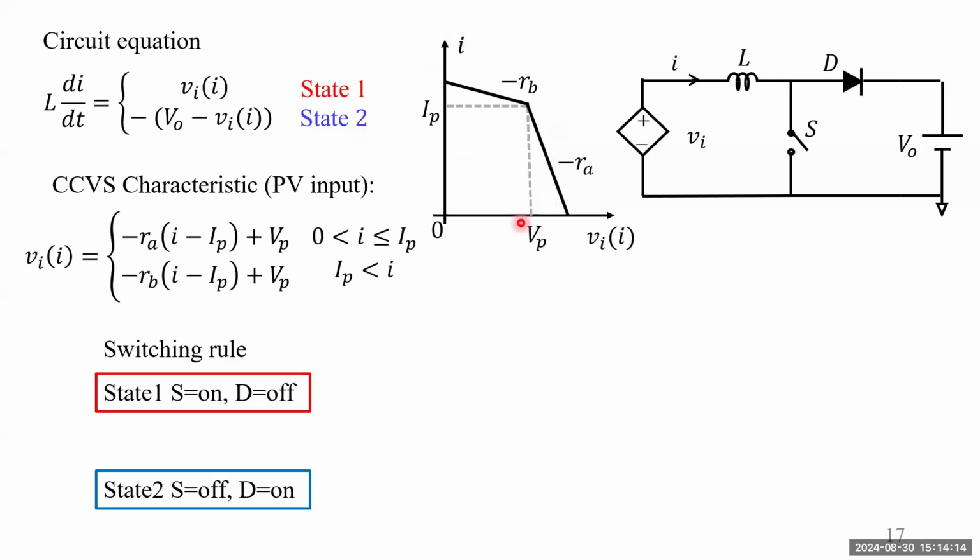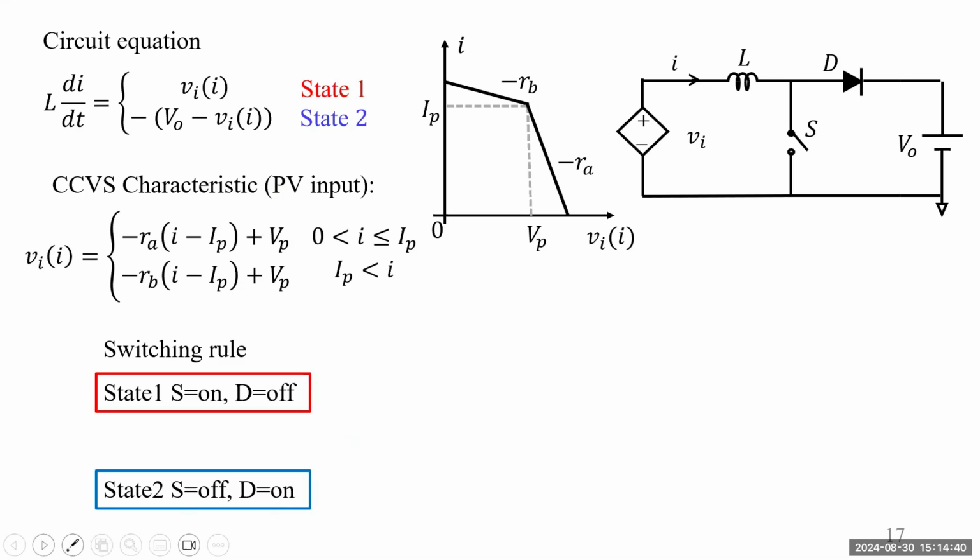And this figure is described by this piecewise linear function, characterized by 4 parameters: RA, RV, breakpoint VB, and IP. In state 1, the dynamics is described by this differential equation, and in state 2, by this equation.